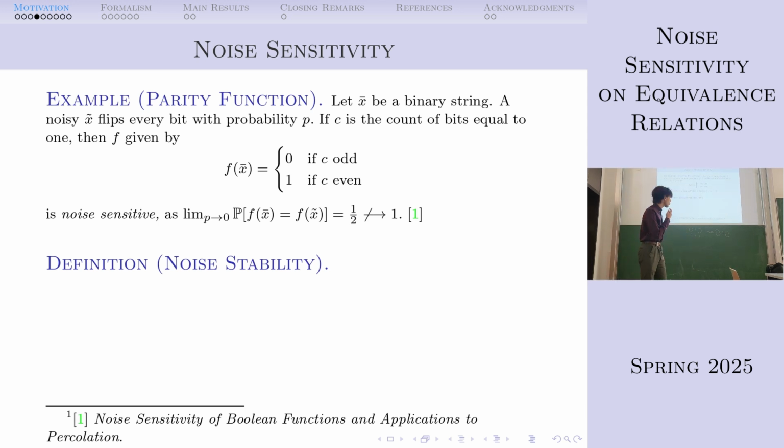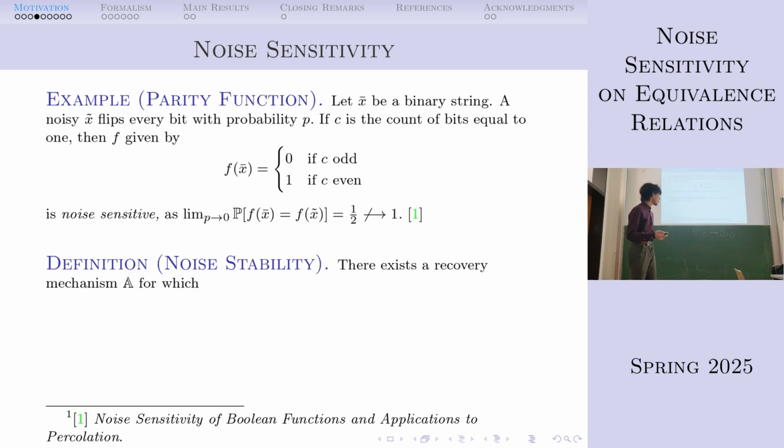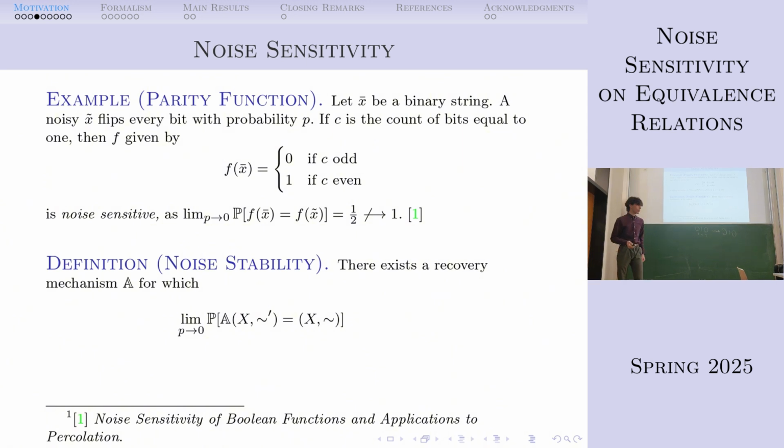So this notion of noise sensitivity was first suggested by, I believe, Benjamini, Kalai, and Schramm, and they did it for Boolean functions. And here we propose a construction of a similar taste for equivalence relations. And we say that there is a noise stability.